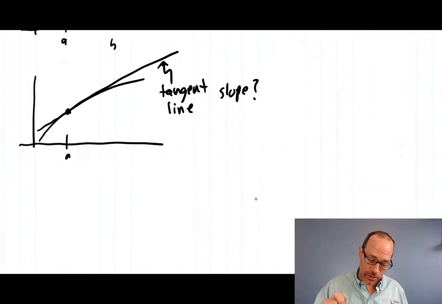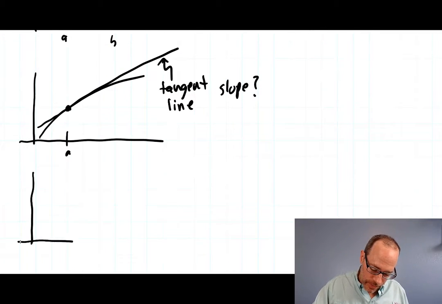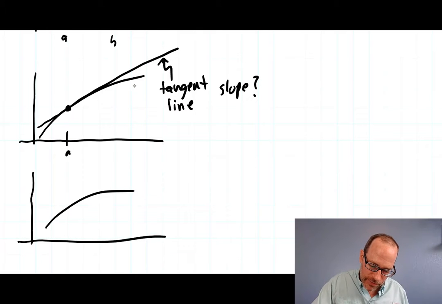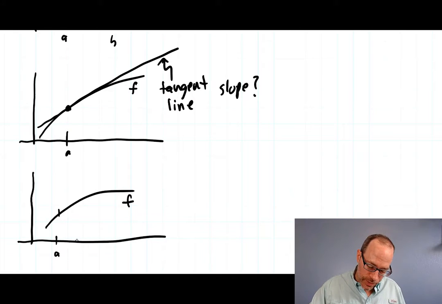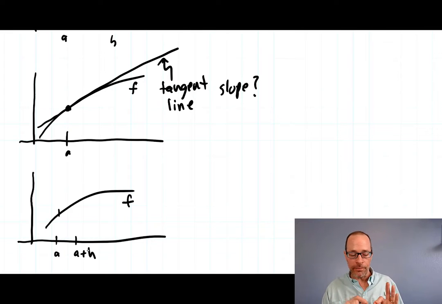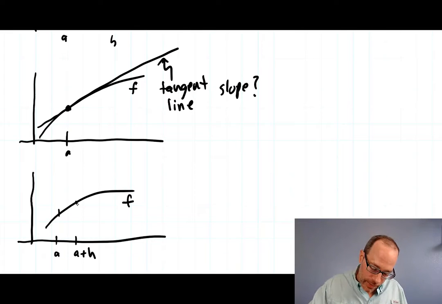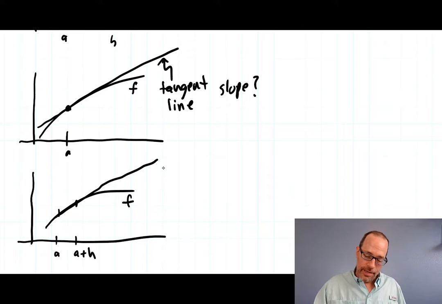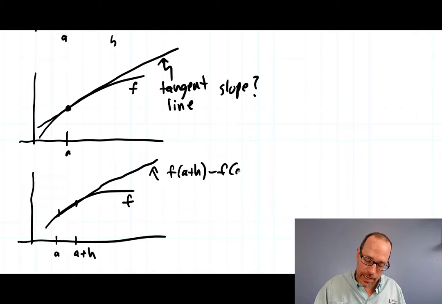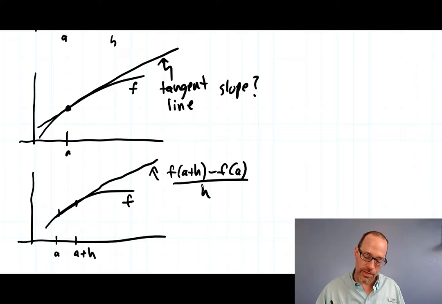getting close to. So, again, the idea is you take the graph of f here, you grab your point a, and you move over just a tiny bit, a plus h. So h is some tiny number, all right? And then you draw the secant line here, and you calculate its slope. So that'll be f at a plus h minus f at a all over h.